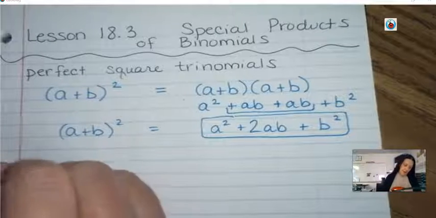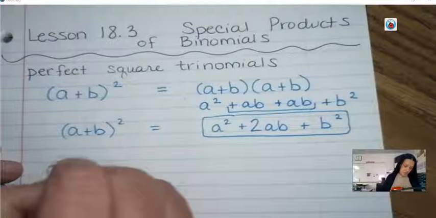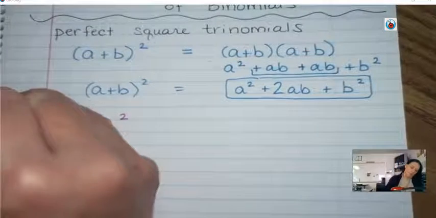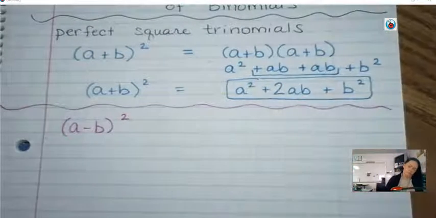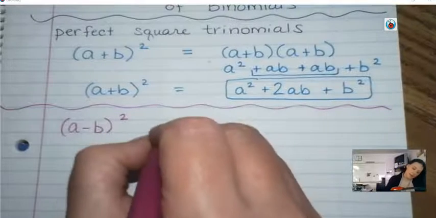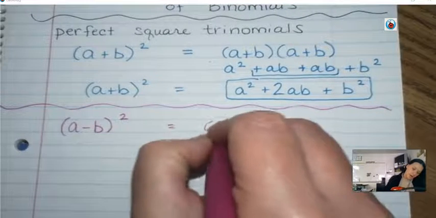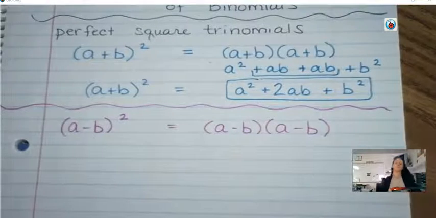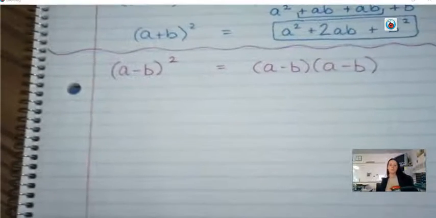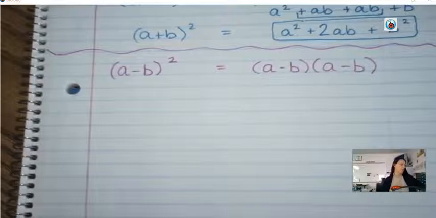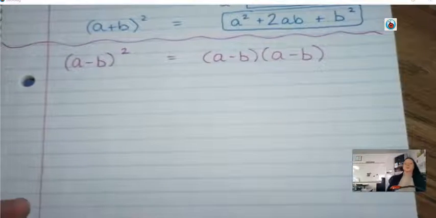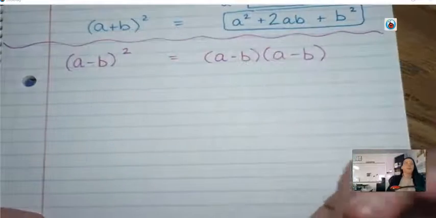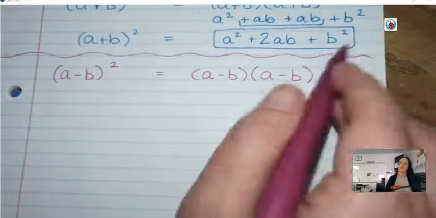So if I have a minus b squared, so a minus b squared is a minus b times a minus b. So if you want, you can just FOIL it out the long way. That's typically what I end up doing because I always forget all the tricks.